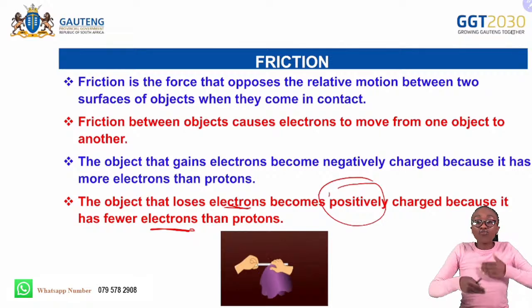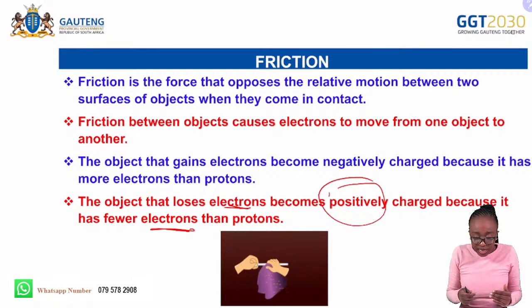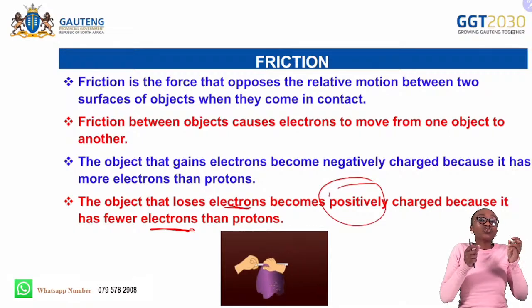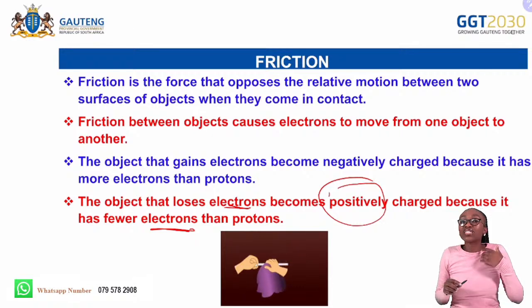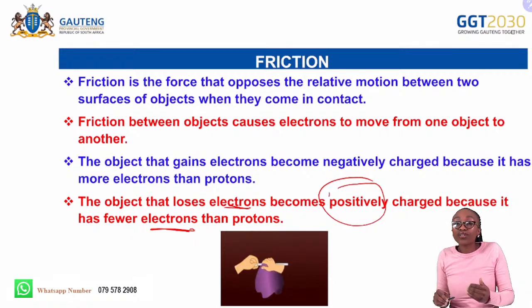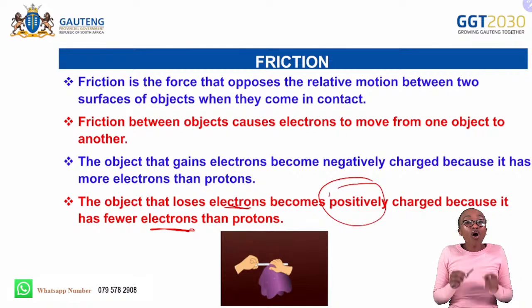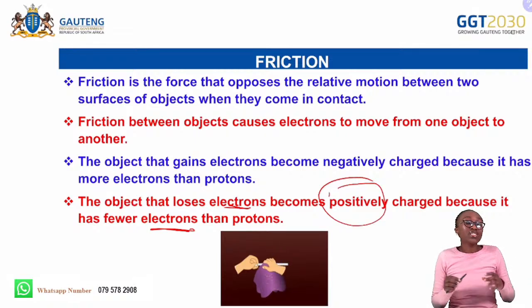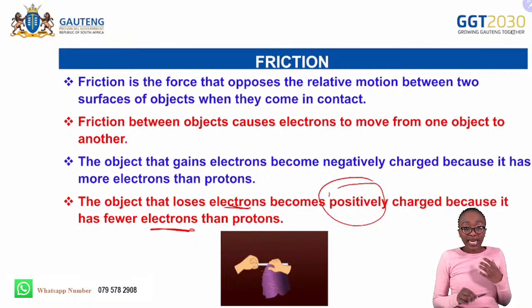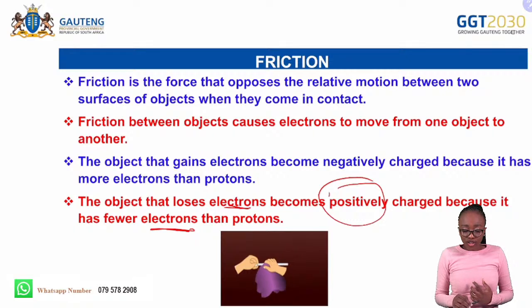So let's go over this again. The object that gains electrons, so it is gaining electrons from another object, it becomes negatively charged because it has more electrons than protons. And then the object that loses electrons becomes positively charged because it has more protons than electrons. So that is the result of friction.